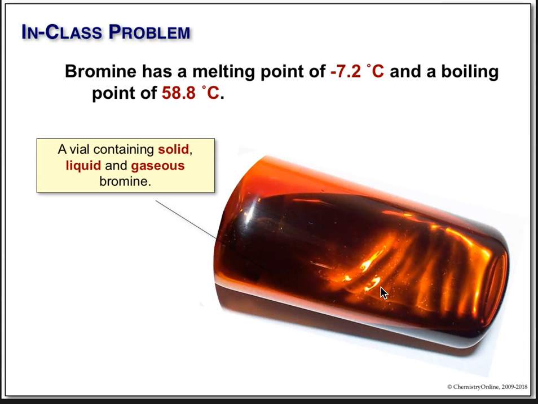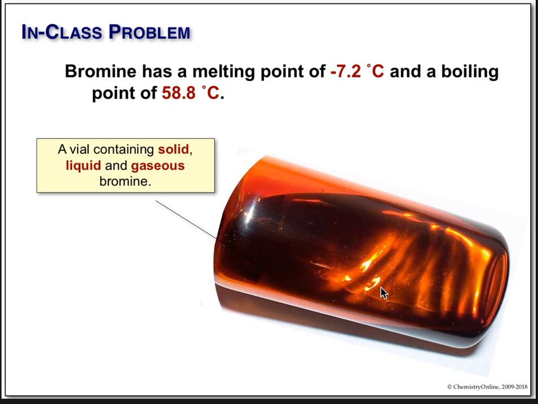Let's look at bromine. Gee, I wish our periodic table was down. Kill my back if I try. This is bromine. Bromine is in the periodic table there somewhere. It has a melting point of minus 7.2, a boiling point of 58.8.